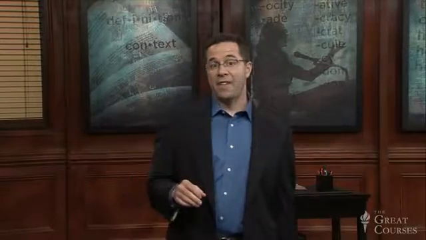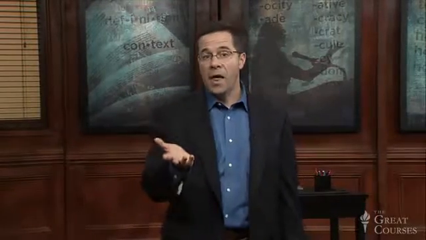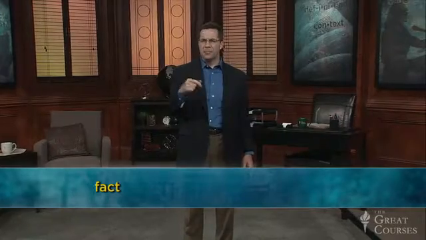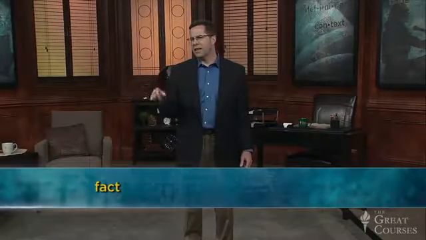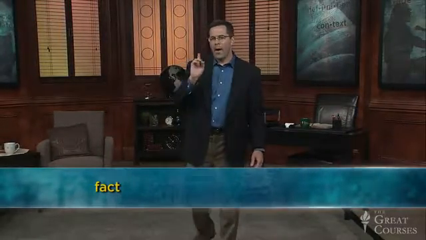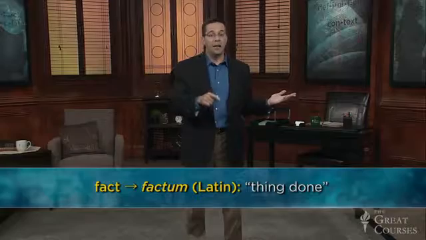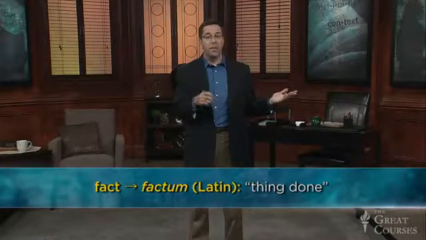First, we'll analyze some FAC words you already know well. Then we'll move on to some less familiar ones. Okay, fact. A fact is something that's true. Now, how is that related to making or doing, the core meaning of the FAC root? Well, fact is derived from the Latin factum, meaning thing done. If something was done, it actually happened, and therefore, it's true.